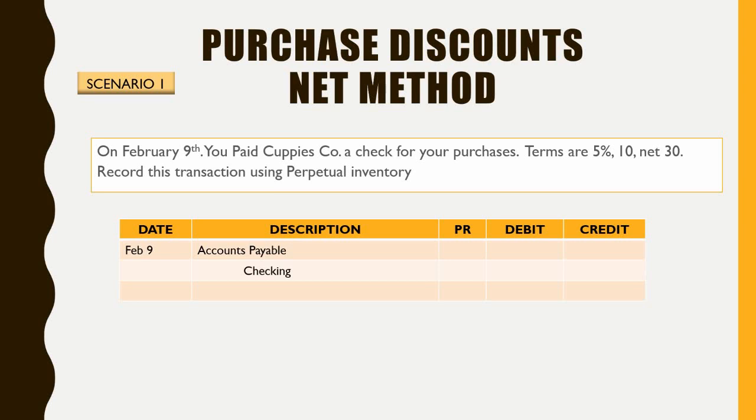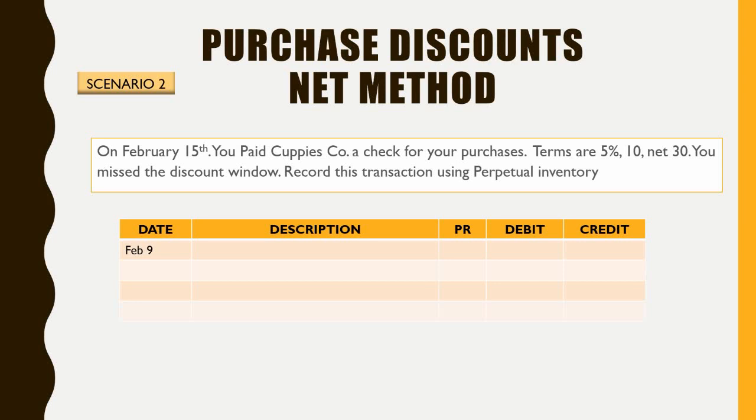How do you record this transaction? Pretty straightforward. You just make the full payment of the discounted amount, which is $218.75. Correct, because you made the discount period, and you've already collected the discount.